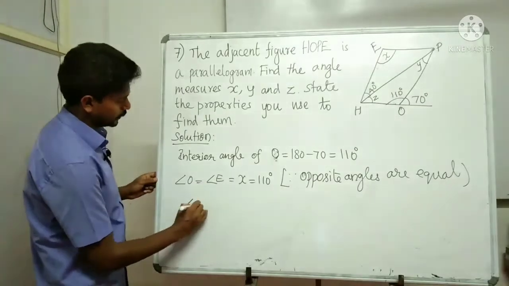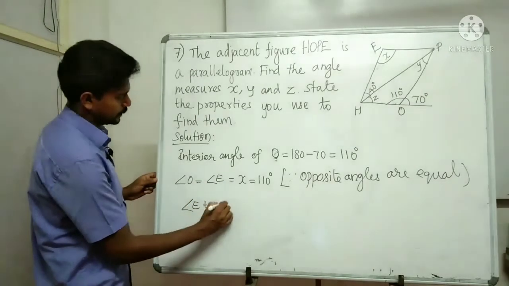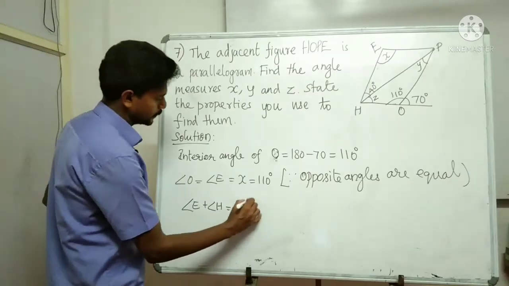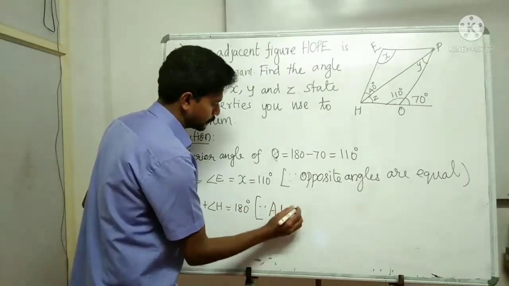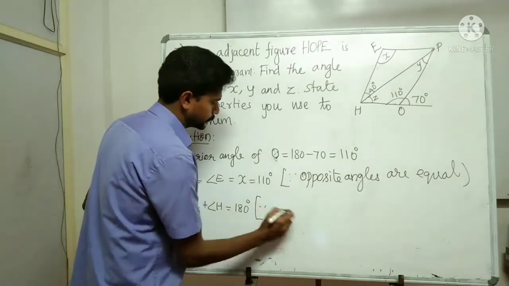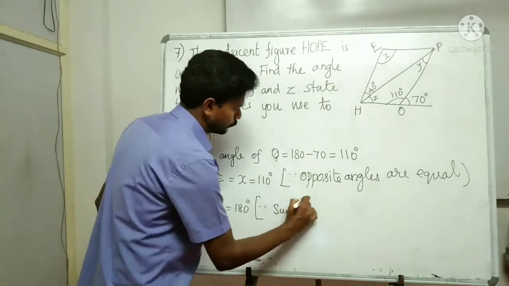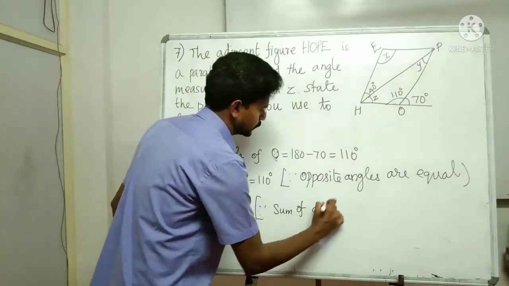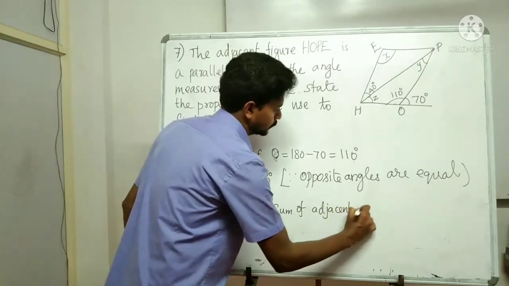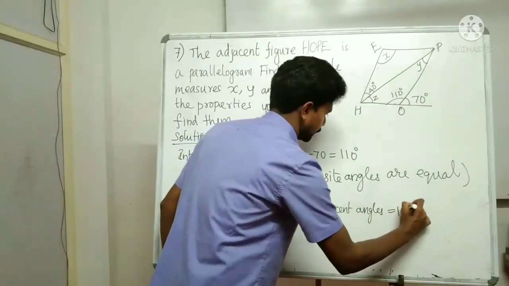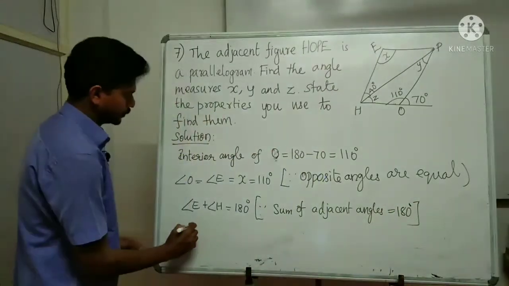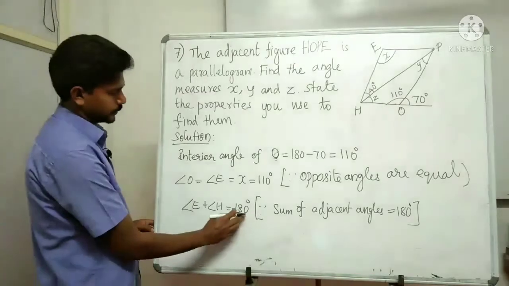So angle E plus angle H is equal to 180 degrees. The reason is the sum of adjacent angles is equal to 180 degrees.